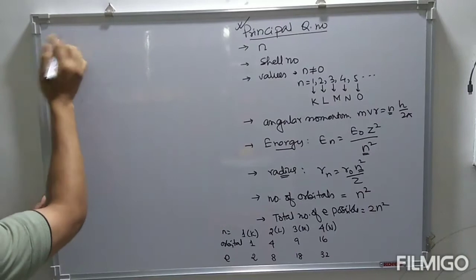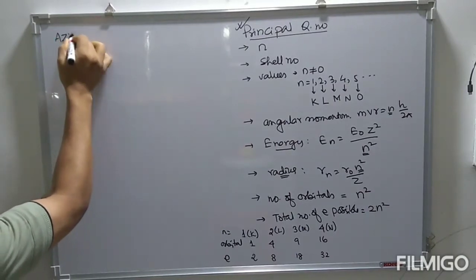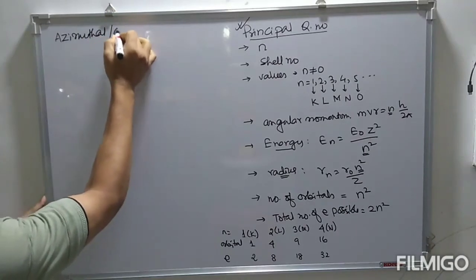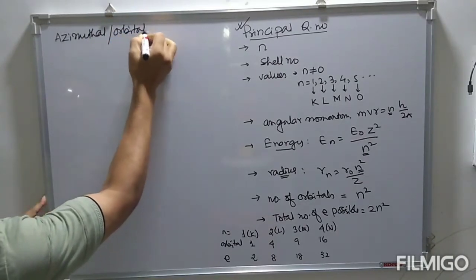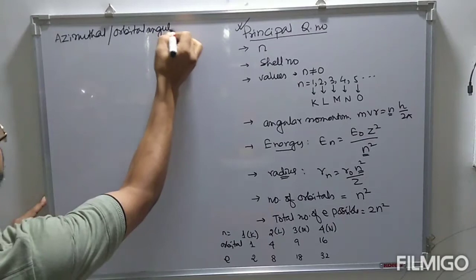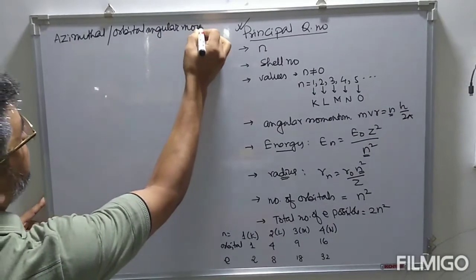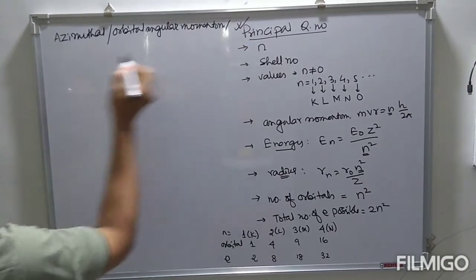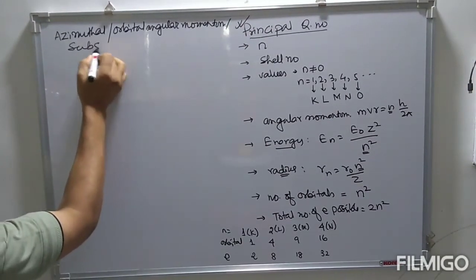The second quantum number is the azimuthal quantum number. This is also known as the orbital angular momentum quantum number. This is also known as the subsidiary quantum number.